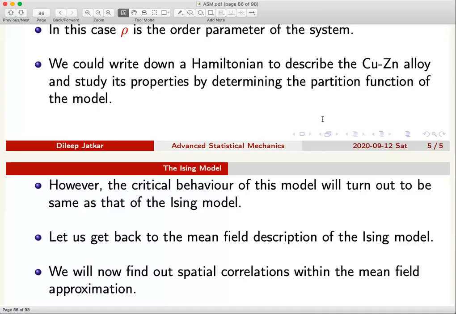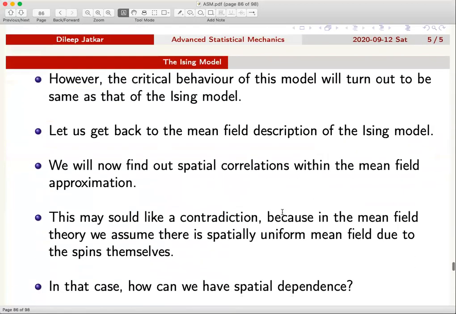Fine. So let's get back to the description of the Ising model. So as I said, if you are studying the mean field approximation, then every spin within the spin model would see roughly the same mean field.